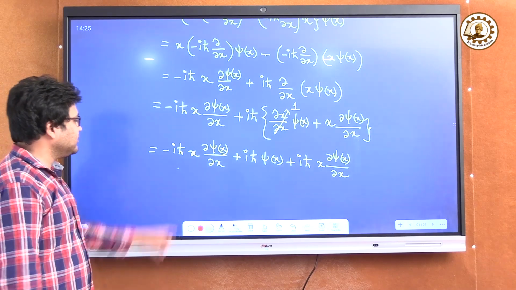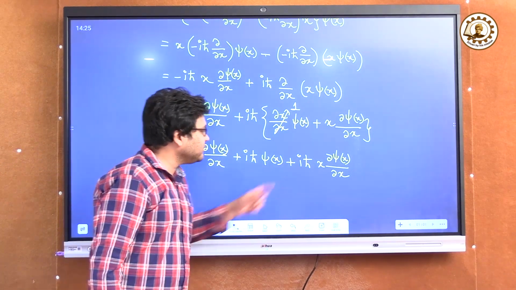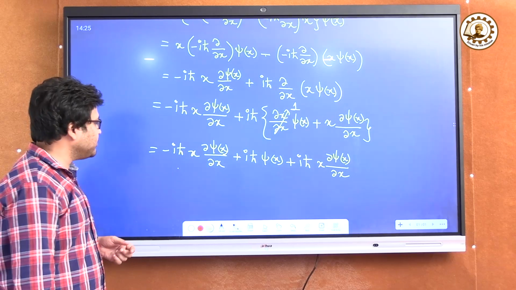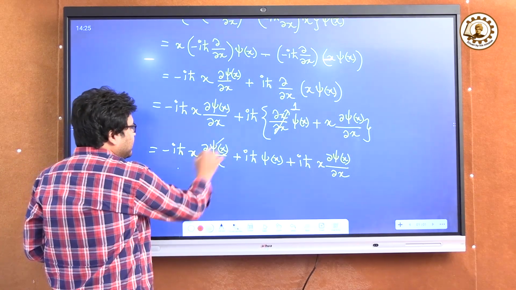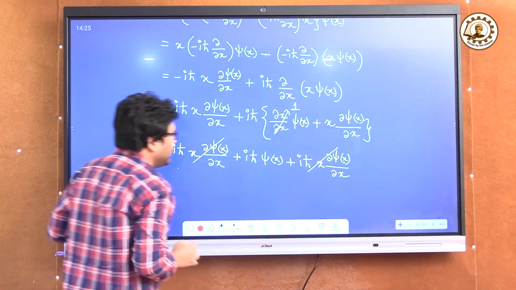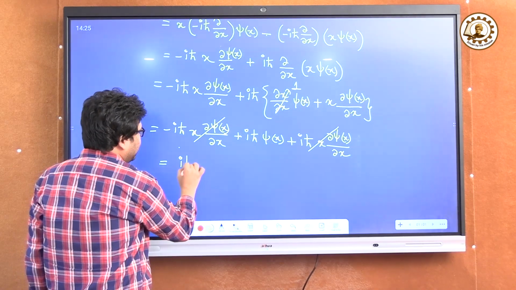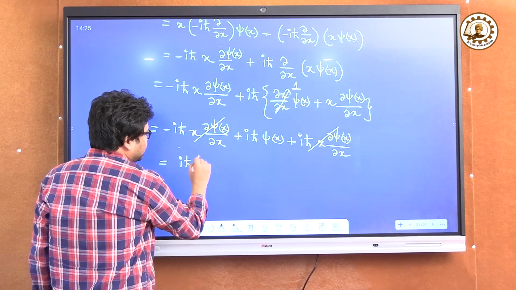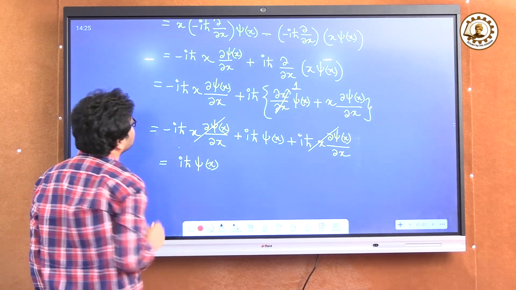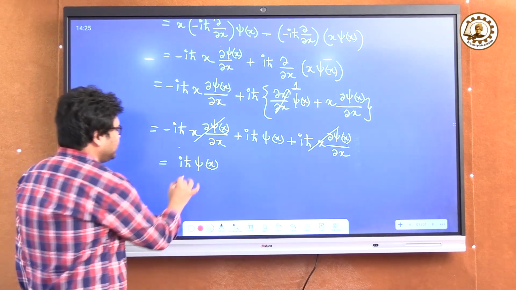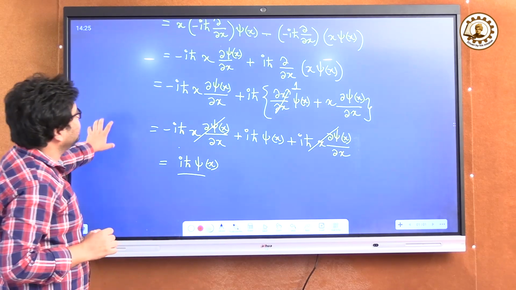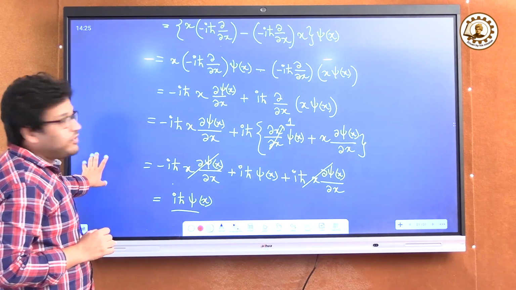As you can see, the first term and the third term are the same but with opposite signs, so they cancel out. As a result, we have iħ ψ(x). So this is our simplified form of the commutation when it acts on the wave function.